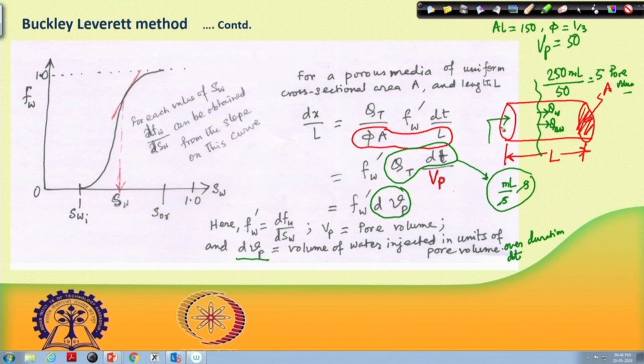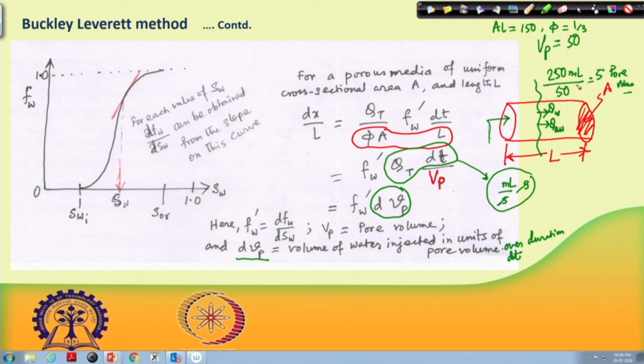some wetting phase, which is water, over this time dt, and whatever I have injected, I convert to pore volume. So, say I have injected 250 ml over this time dt, I am not going to express it in terms of 250 ml. Instead, I will express this as 250 divided by 50, so 5 pore volumes.